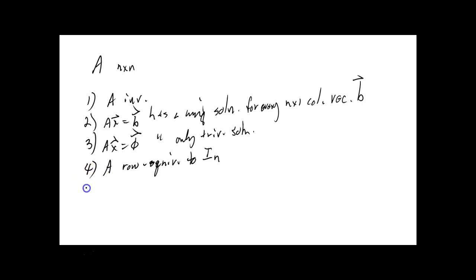But again, the order doesn't matter at all. Okay? Number 5, A can be written as a product of elementary matrices. That's what we did, what was it, last chapter? A can be written as a product of elementary matrices.